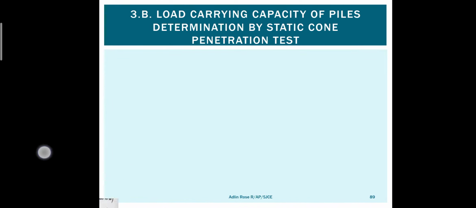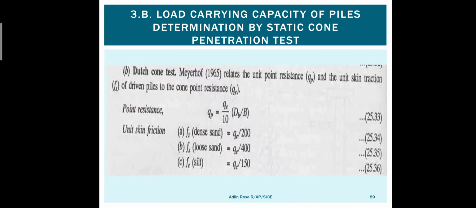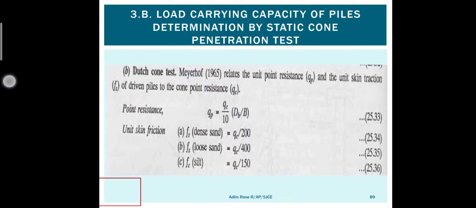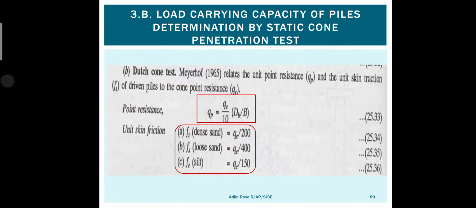And next we have our static cone penetration test. In static cone penetration test, we get the value of cone resistance qc. So substituting the value of qc, the point resistance qp is equal to qc by 10 into D by B. In everything, D is going to be the length of the piles and B is going to be the width or diameter of the piles.